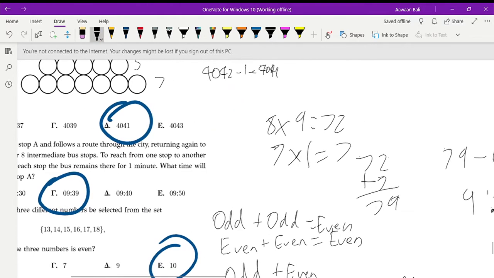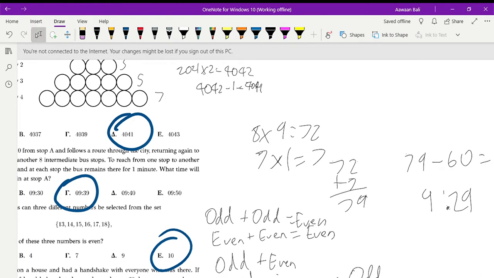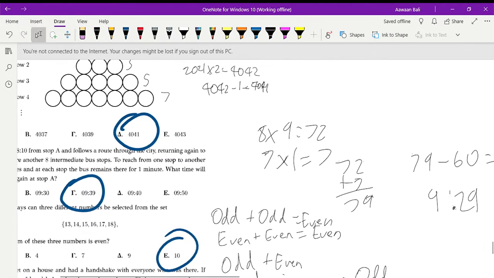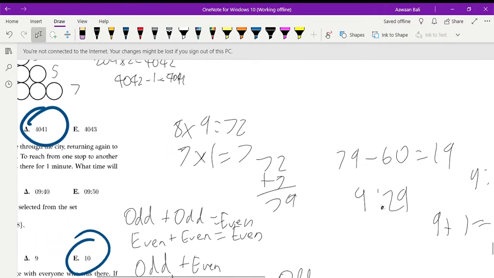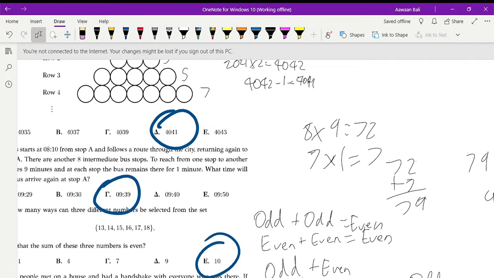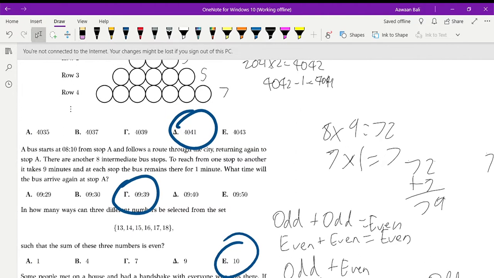Now basically what we're doing here is that first we can do the part where it goes to the last stop, and not to stop A, but just the last stop, which means that if there's another 8 intermediate bus stops, that means there are 9 bus stops in total. And basically that means 9 minus 1, there will be 8 gaps between all of them. So 8 times 9, because each gap takes 9 minutes, is 72.